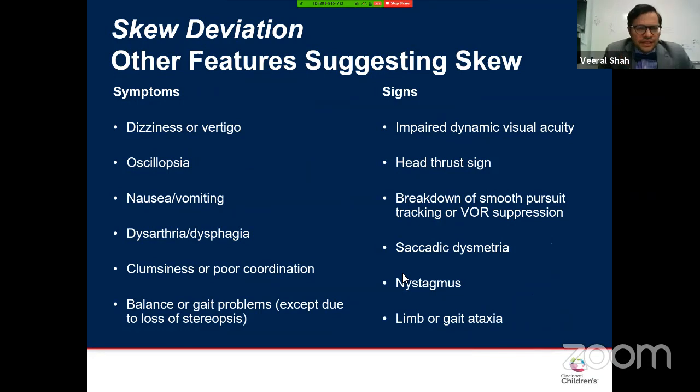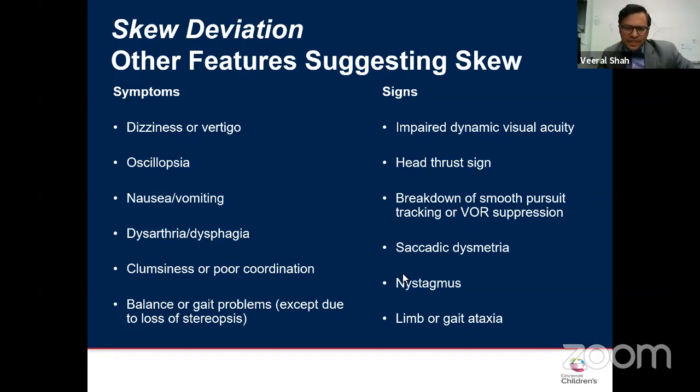But this list here summarizes other features that they describe when they talk about their vertical misalignment. They're describing dizziness, vertigo, oscillopsia, nausea, and vomiting, mainly because the brainstem is also involved, dysarthria, dysphagia, clumsiness or poor coordination, balance and gait issues.